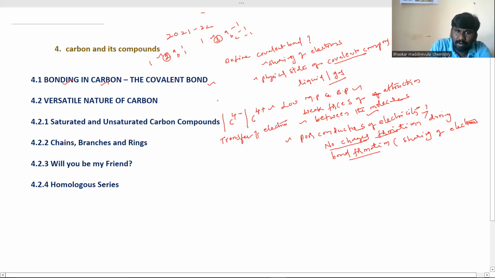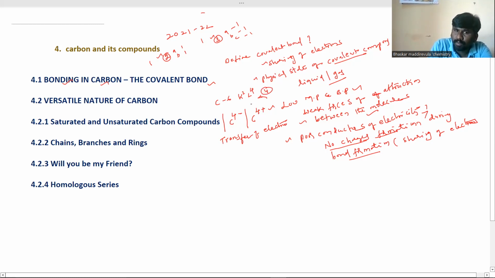If you see carbon, atomic number 6, its electronic configuration is K2 L4. So carbon requires 4 more electrons to get an octet configuration.